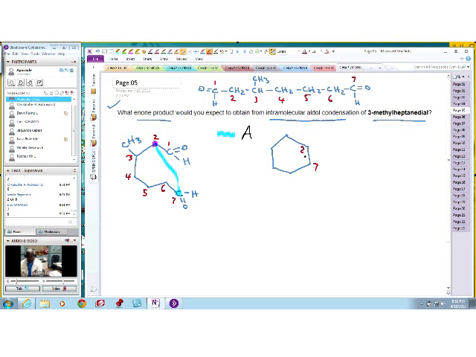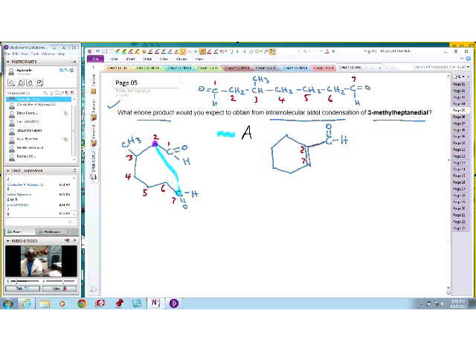Carbon number 1 is attached to carbon 2, which is this one right here. Therefore, we must have a carbon-carbon double bond between 2 and 7.